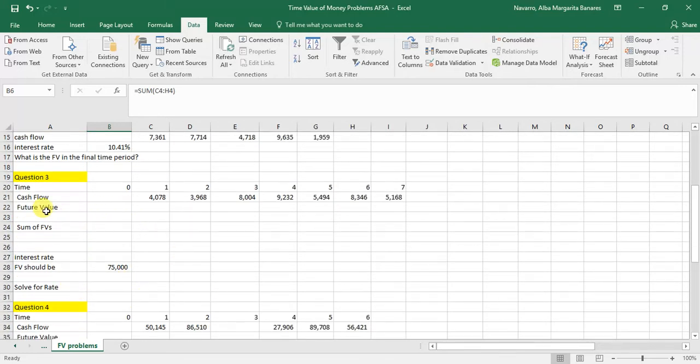So I have my future value row, I have my sum, but I don't have the interest rate. But in order to even set up an equation, I'm going to need an interest rate, so I'm just going to use a random one to set up the equation.